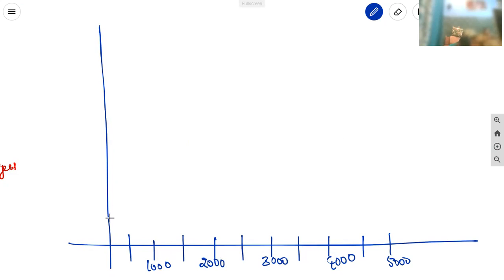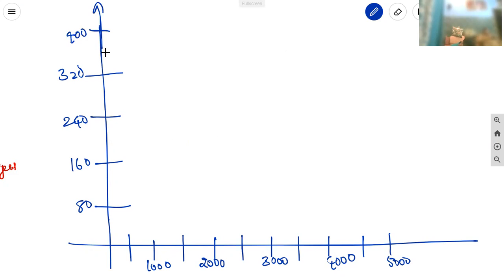Next, here 2 units equal to 80 rupees: 80, 160, 240, 320, 400.